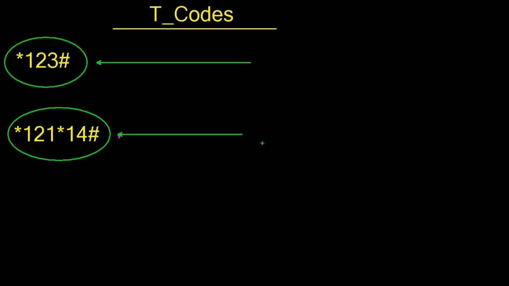We don't know. That's a code only provided by the mobile network. There is no particular meaning for *123# or *121*14-digit number#. It's a code to recharge your mobile, to check your mobile balance.